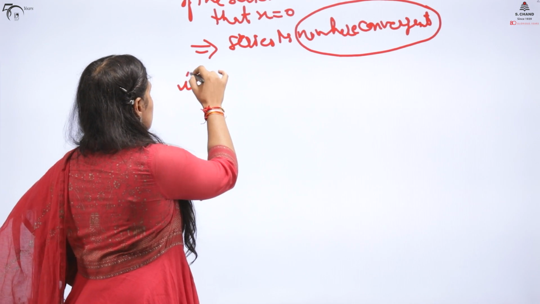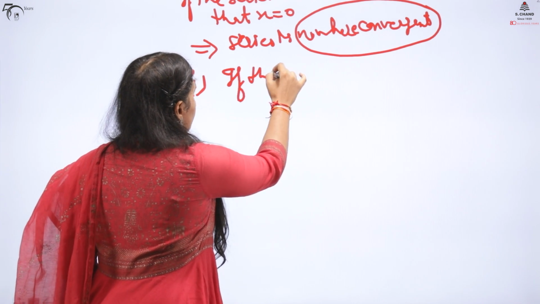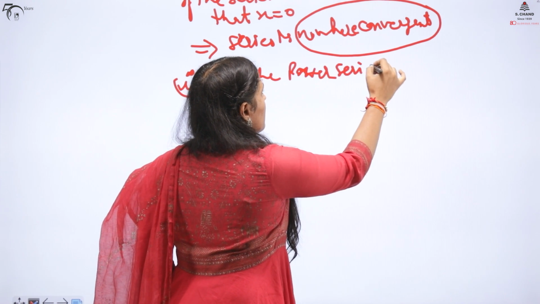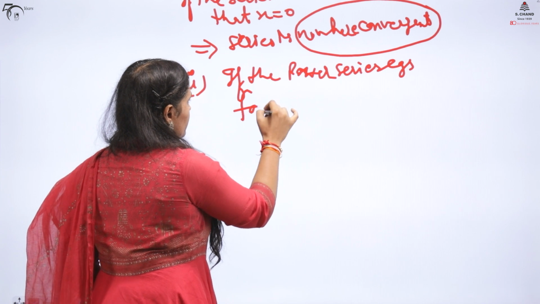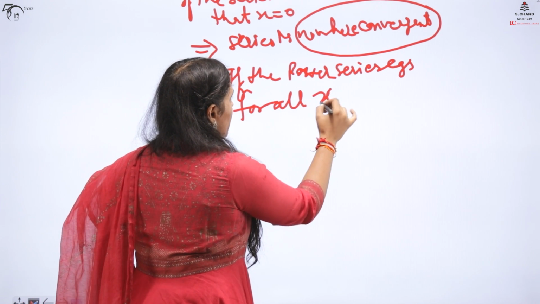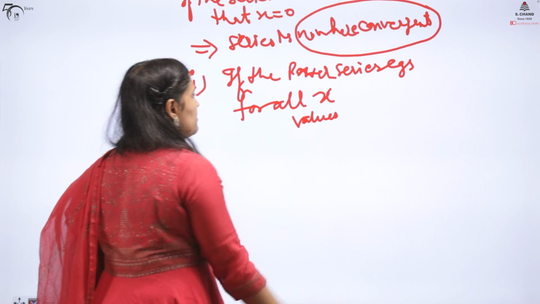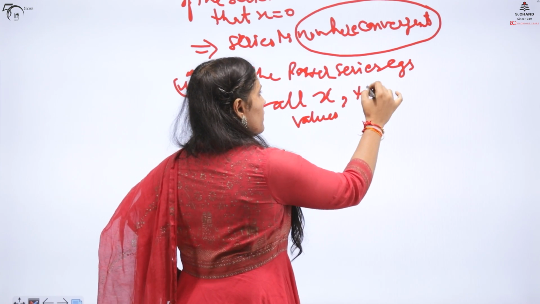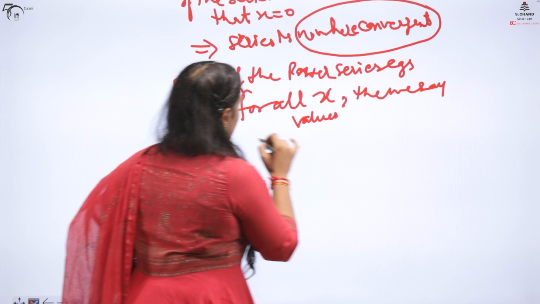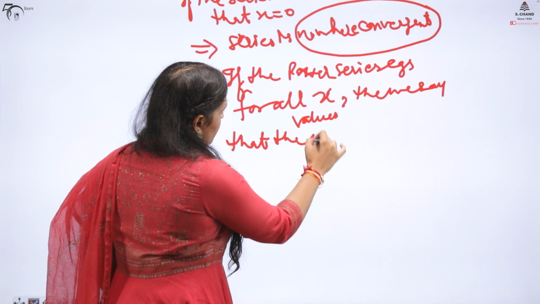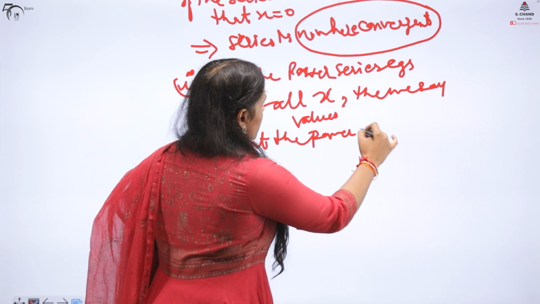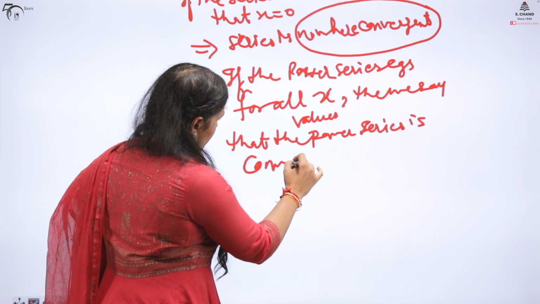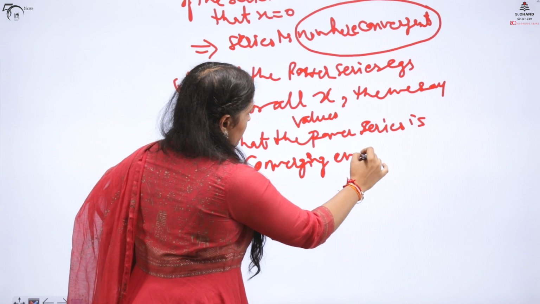So the second point is, if the power series converges for all x, for all values of x, it means for all the real values you are taking, it is converging for all real values of x, then we say that the power series is converging everywhere.